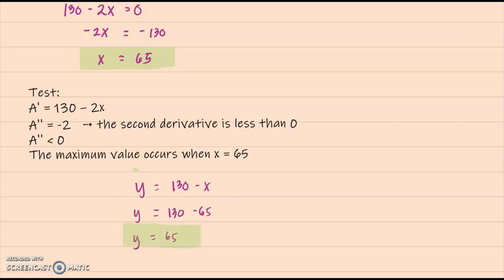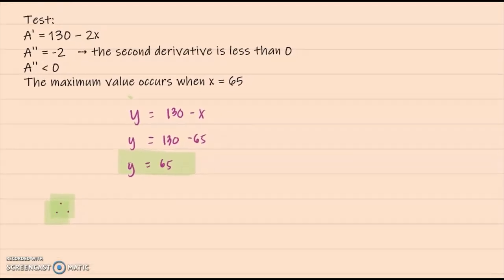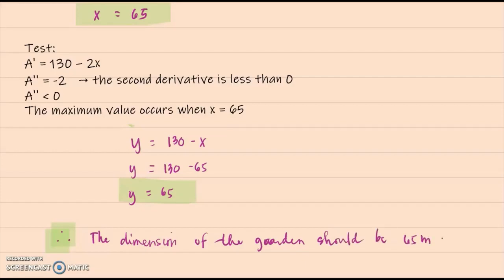So let's highlight that. Meaning to say, the dimensions of the garden should be 65 meters by 65 meters.